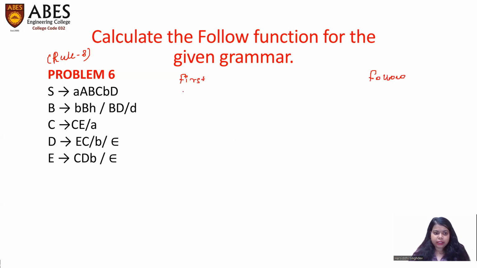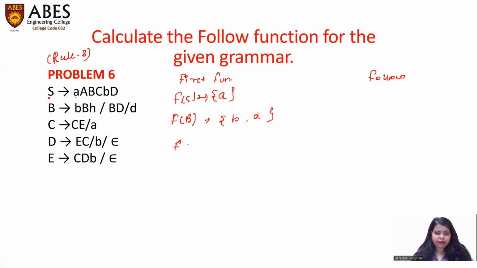So let's start. First of S will contain A. This is the first function. How to check? For first of S, we have A. Now first of B will contain either B or D. Okay.